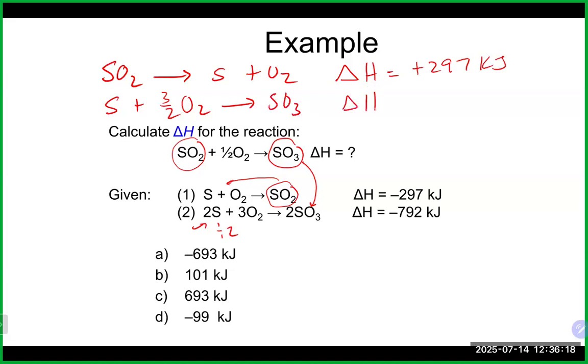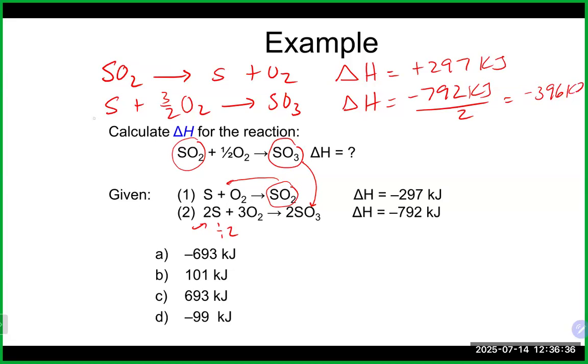And in this case, I divided by 2, which means 792 kilojoules divided by 2 will give me my delta H for that equation. And that's going to be 396, it looks like.